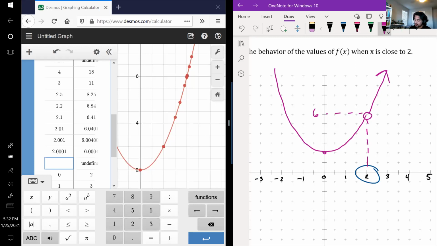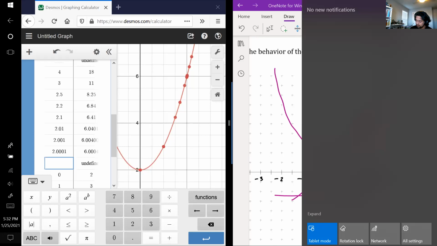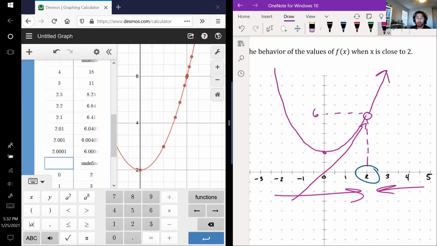So what we did was, as we approached 2 from the left, we saw that y got closer and closer to 6. And then as we approached 2 from the right, we also saw that y was getting closer and closer to 6. Therefore, the limit from both sides has to be 6.